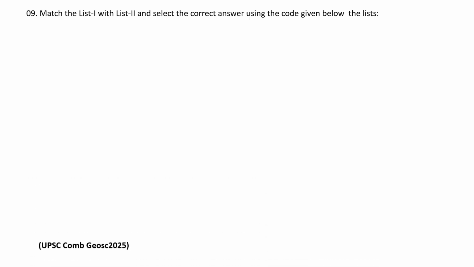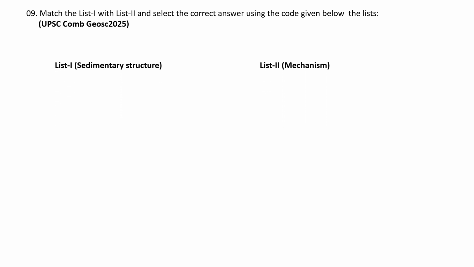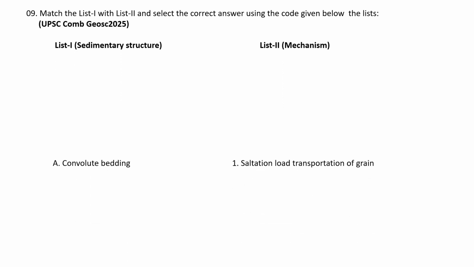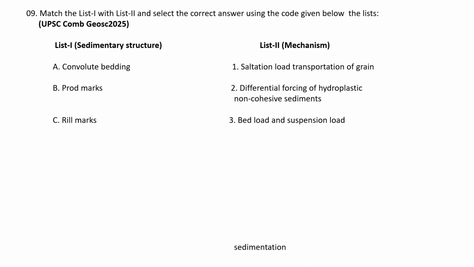Next question. Match the list 1 with the list 2 using the codes given below. List 1 consists of sedimentary structures and list 2 is the mechanism. List 1 consists of different sedimentary structures like convolute bedding, prod marks, rill marks, climbing ripples.